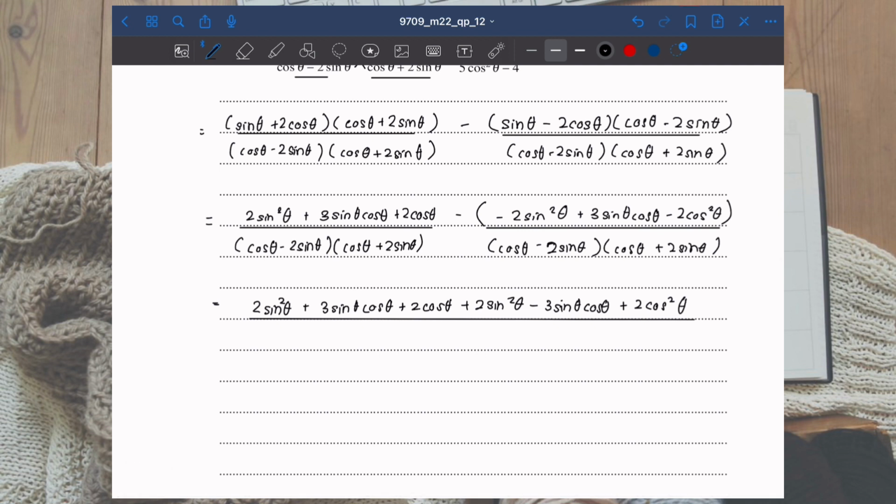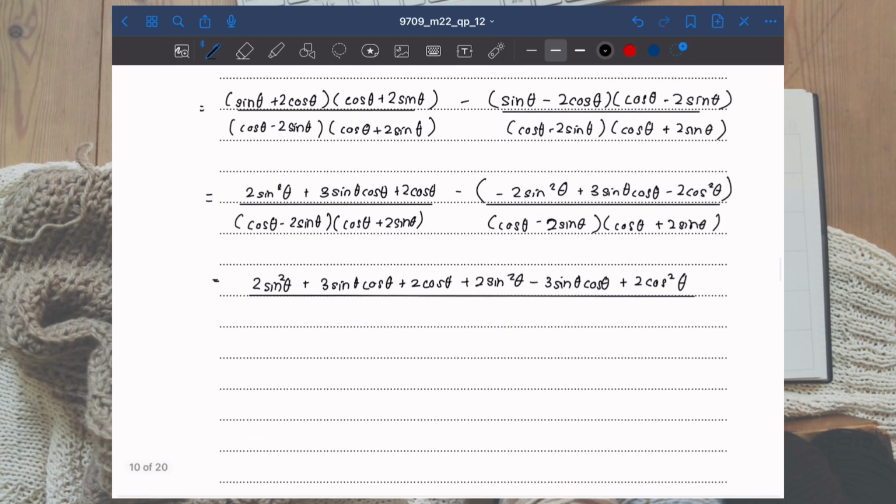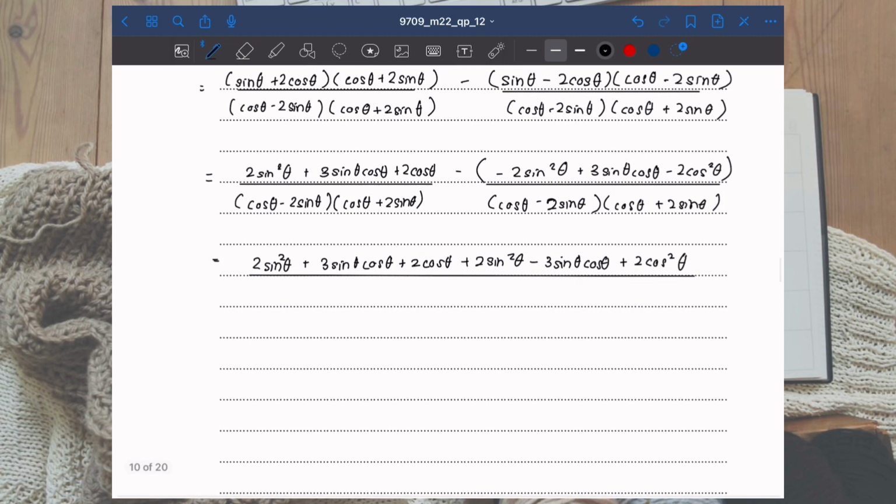And now we can solve for the denominator as well. So cos θ times cos θ, we'll get cos² θ, then minus 2 sin θ cos θ plus 2 sin θ cos θ minus 4 sin² θ.